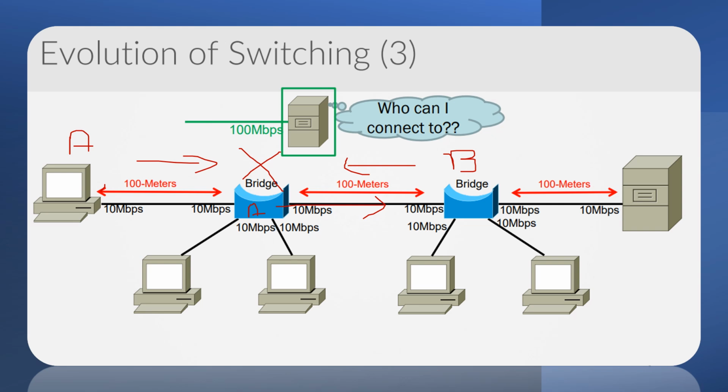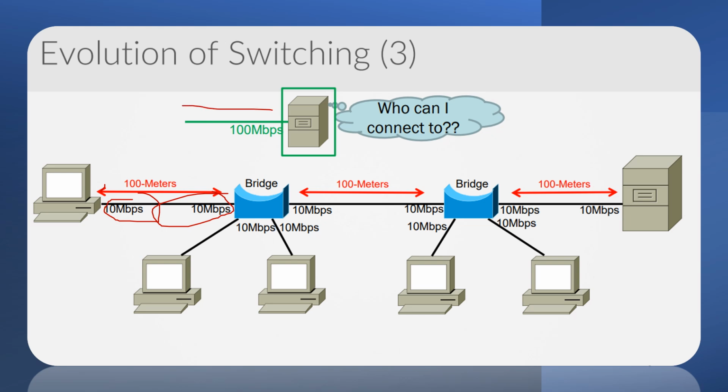There is a demerit of this too. See here, every host is transmitting data at 10 Mbps. But let's assume the server connected to the bridge has to transmit or receive data at 100 Mbps.